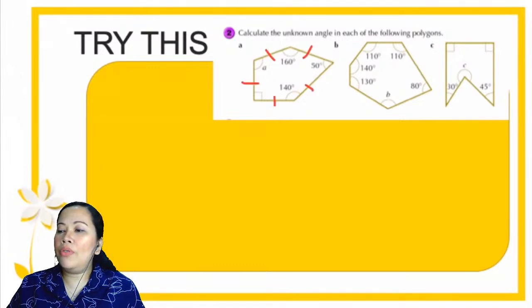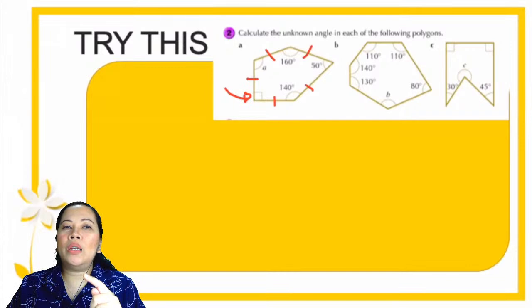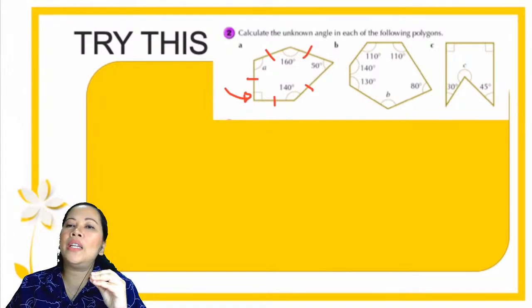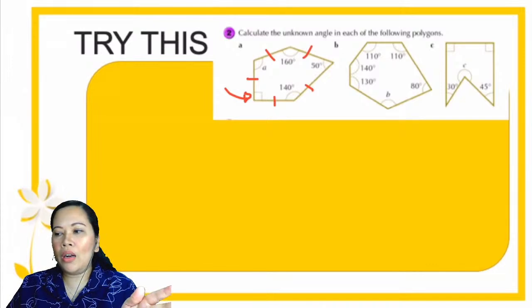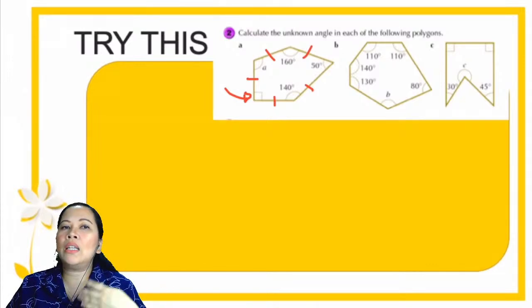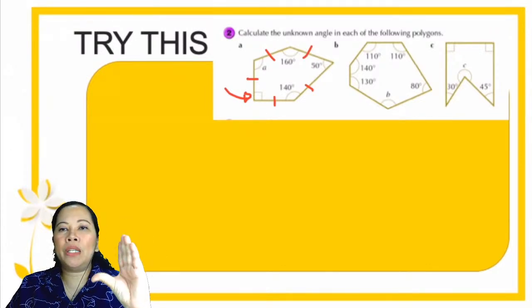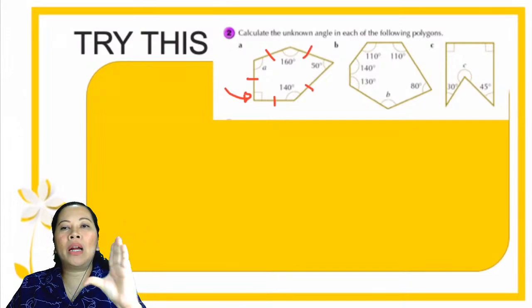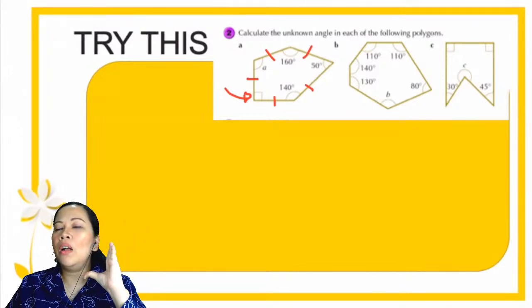And by the way, if you see this small square here, that would tell you that that angle is 90 degrees. If there is a square without a measurement, it is understood to be 90. Any perpendicular forms always a 90 degrees. So that's always a 90.